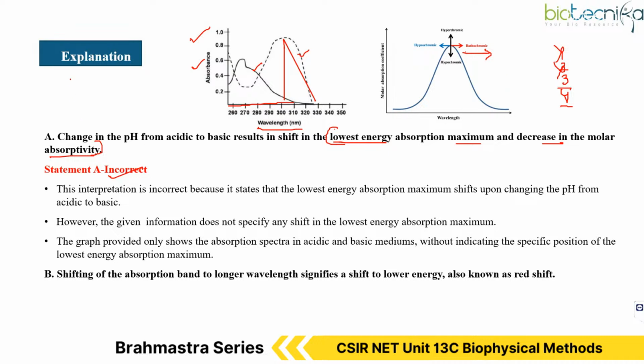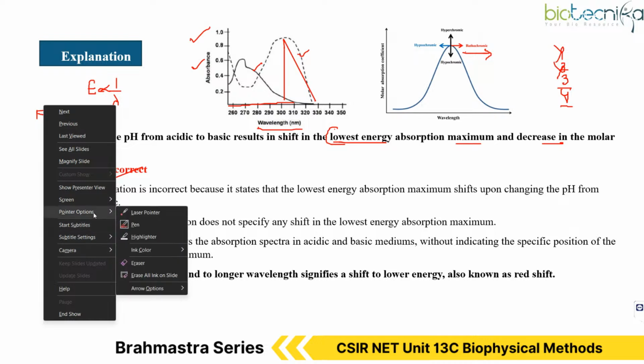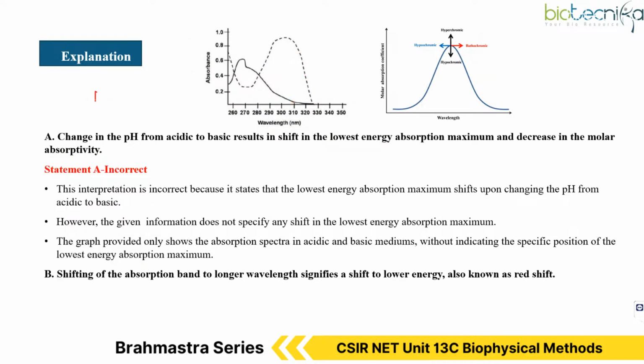And you all should know that the relation between wavelength and energy is inversely proportional. Okay, higher the energy, shorter the wavelength. So HHS you can remember: higher the energy, higher the frequency.